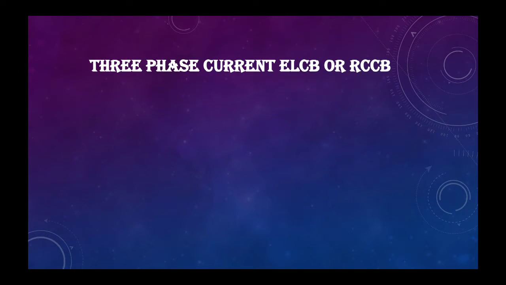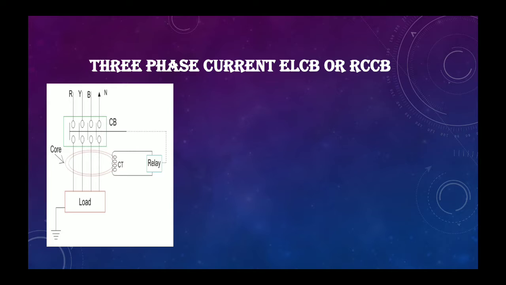And now the very important one, that is the three phase current ELCB or RCCB. So that is the circuit diagram of a three-phase 4-wire system where the three-phase current ELCB or RCCB is connected. You can see here that is the R or red phase, that is the yellow phase, that is the blue phase, and that is the neutral. And the circuit breaker is connected with the RYBN line.